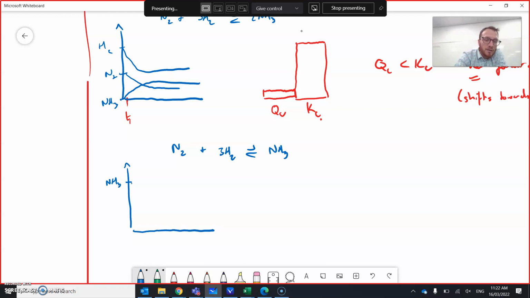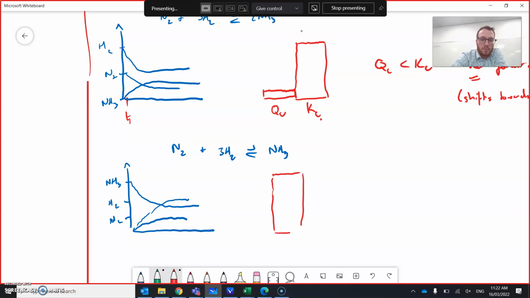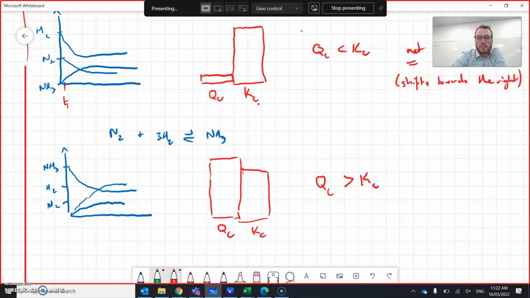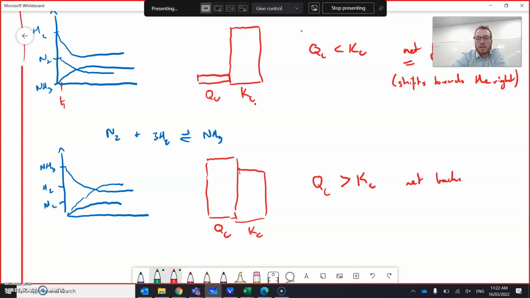I'm going to lose NH3, and I'm going to gain some N2 and some H2. So in this example, I've only got products, and the value of my Qc would be much higher than my equilibrium constant. Therefore, if Qc is greater than Kc, we have a net backwards reaction, or it shifts towards the left.